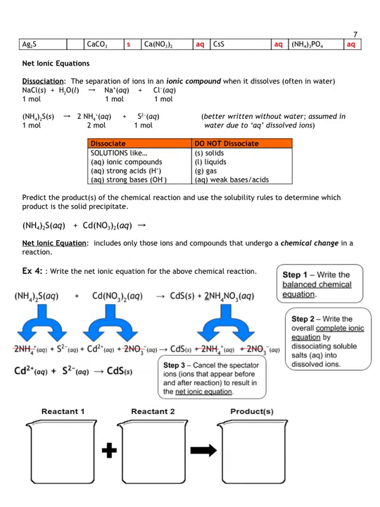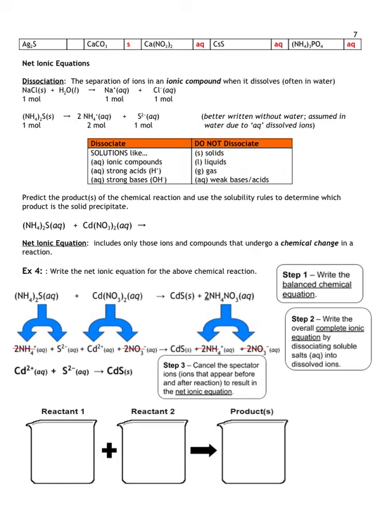Okay, so we're going to get into what are called net ionic equations. The net ionic equations are pretty much a derivation of the balanced equation. However, it allows us to focus on all the species that are involved in a chemical change between the reactants and products.